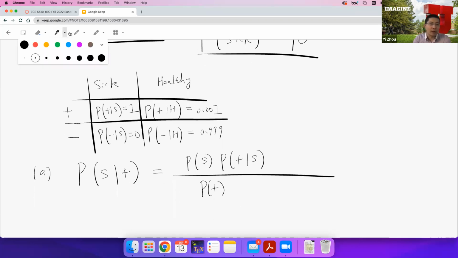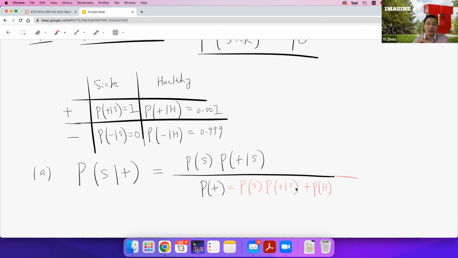In Bayes' rule, we decompose it as a summation, using the partition lemma. So basically, for being positive, you have two cases: either this person is sick and somehow tests positive, or this person is healthy and somehow tests positive. And this is the partition.